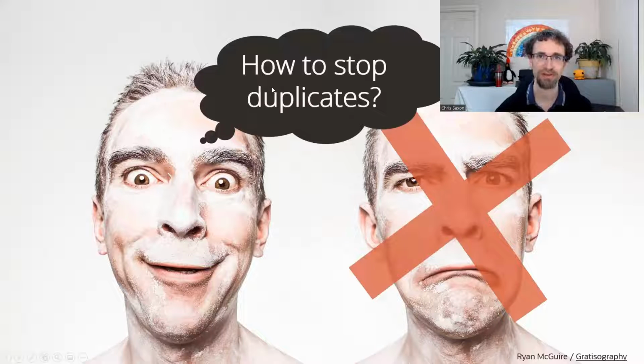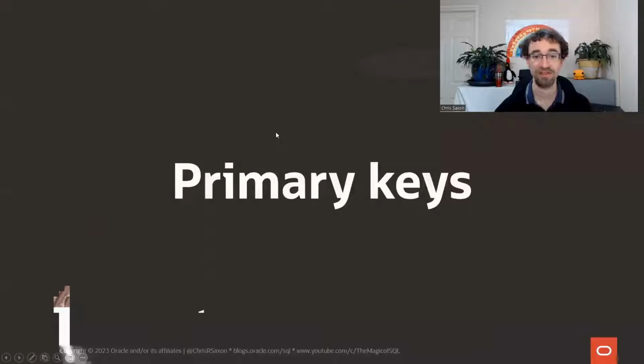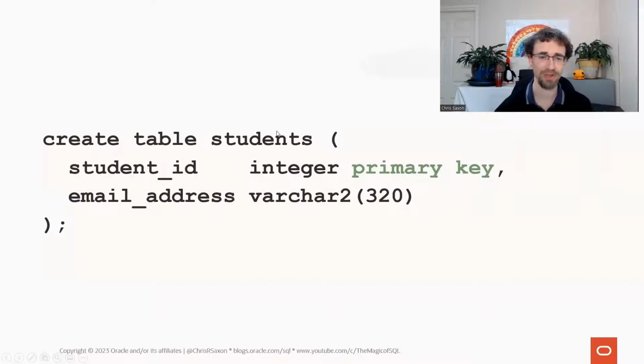How do we stop you having duplicate values in a table for a particular column or set of columns? And as I said, there are 2 constraints we can use for this, and we'll start off by talking about primary keys. So to define a primary key, the basic way is nice and simple. You just have your column, and we see at the end, we've got our inline constraint saying it is a primary key.